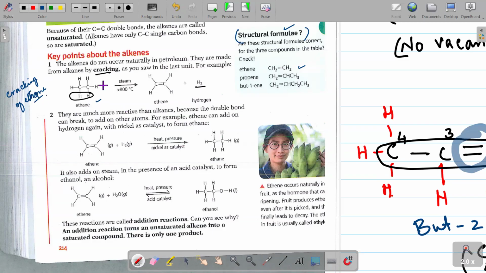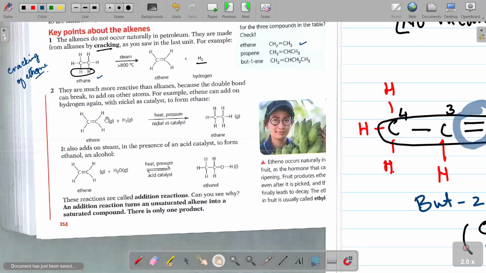In the previous topic. And now the chemical properties of alkenes, that is addition of hydrogen. Addition of hydrogen, you can see here, giving us ethane from ethene. So this is also known as hydrogenation. Is it clear? Yeah.